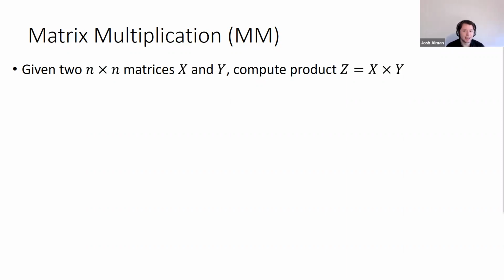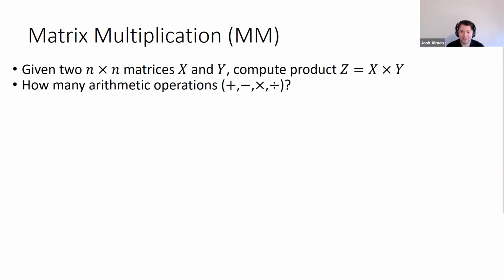The way I'm going to measure the running time of our algorithm is in terms of the number of arithmetic operations that the algorithm does: the number of additions, subtractions, multiplications and divisions of numbers. Normally, when you want to figure out the running time of your algorithm, the details of exactly what the entries of your matrix are can also be very important.